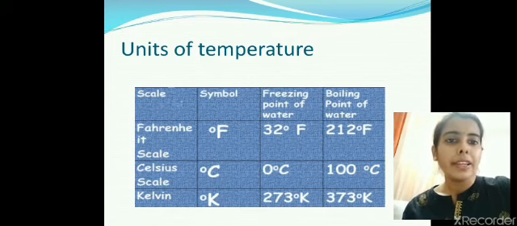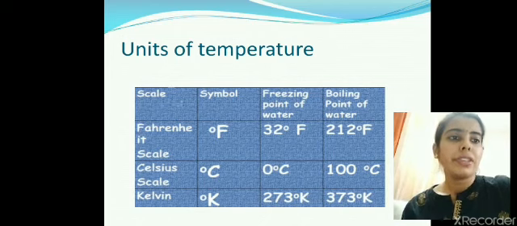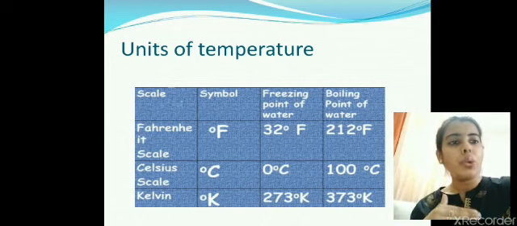In case of Fahrenheit, the symbol we use is capital F. In case of the Celsius scale, it is capital C. For Kelvin, capital K. Now come two terms, freezing point of water and boiling point of water. In every scale, scientists have fixed the upper fixed point and the lower fixed point.